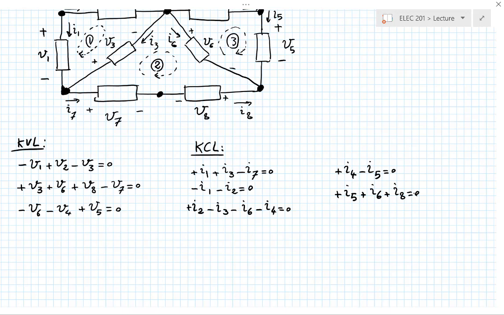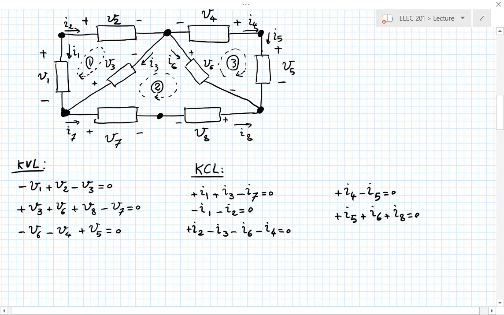But if you count, we already have 8 equations here. So something suggests that that last equation that I just mentioned, which would be I7 minus I8, is actually redundant. It's not going to be independent of these other equations.